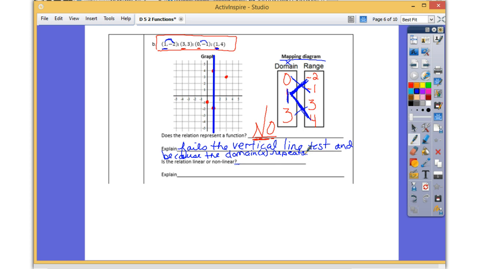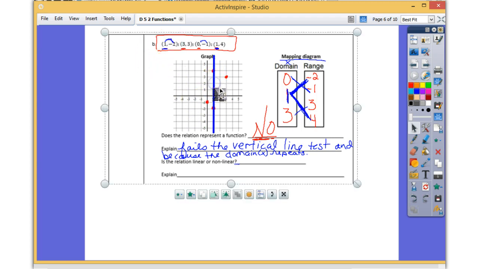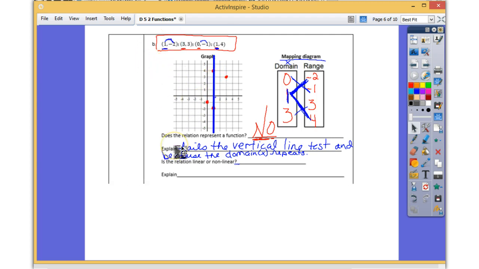Now I have to take this off, because that was just showing your vertical line test. Ignore that line, I can't get rid of it.